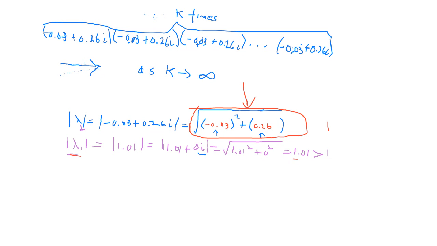So is the modulus greater than 1 or less than 1 for that complex eigenvalue lambda 2? That's right, Nafani. That's right, Hung. It's less than 1.